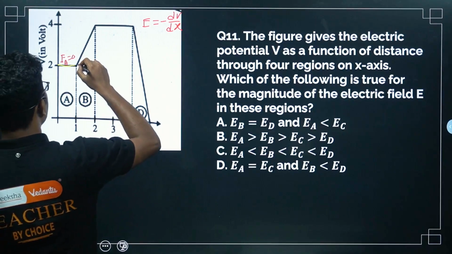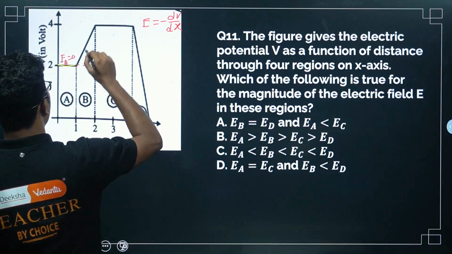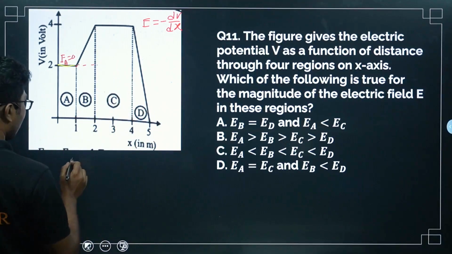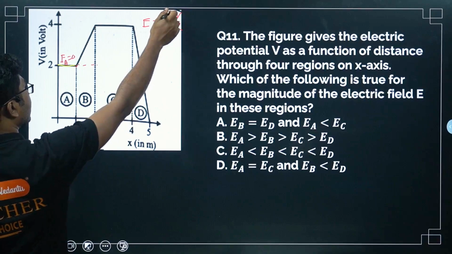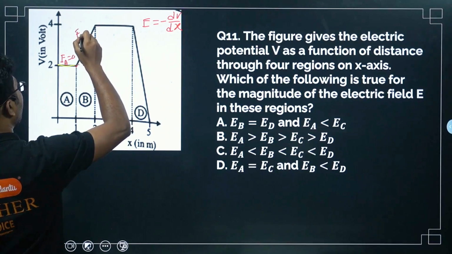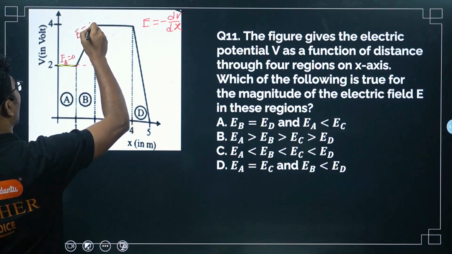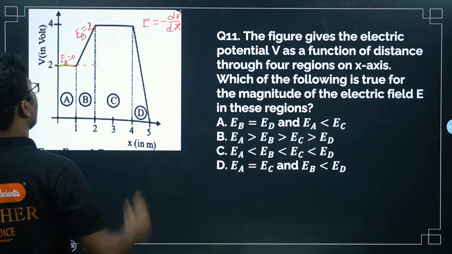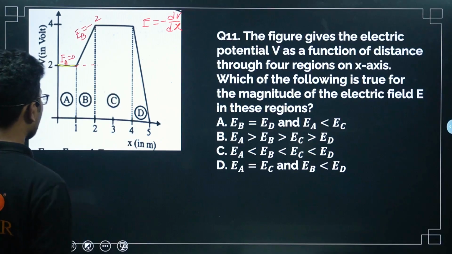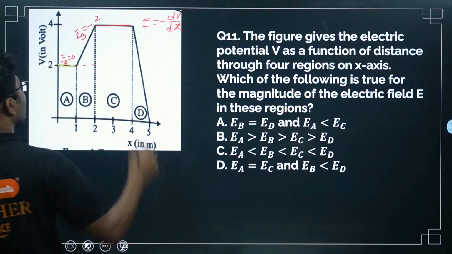Here, potential is increasing from 2 to 4 in 1 second. So dV is 2, dx is 1. So EB is minus 2, right? Now again, here potential is constant.